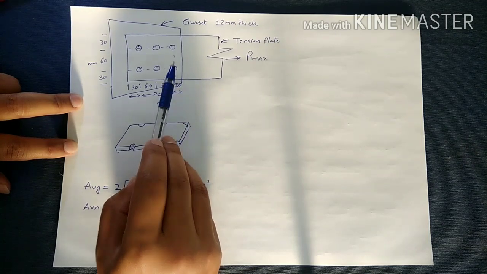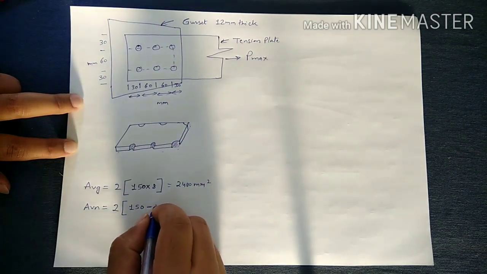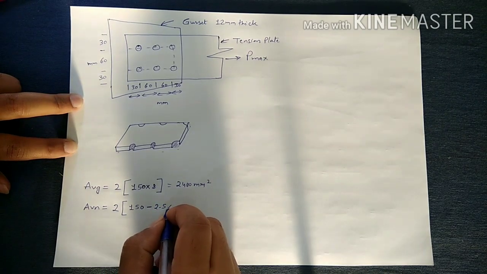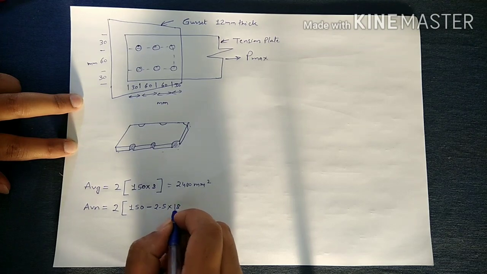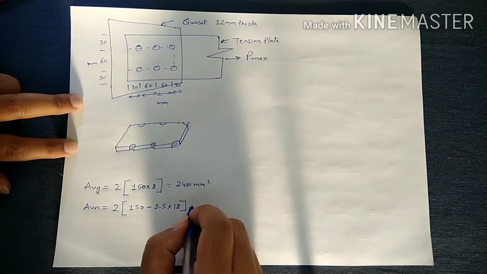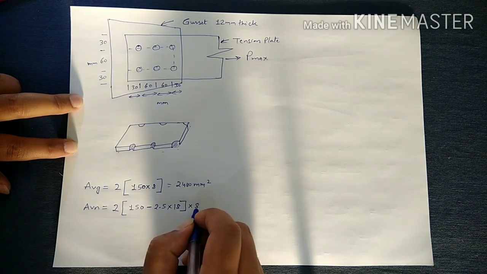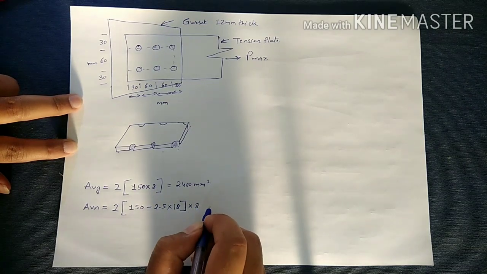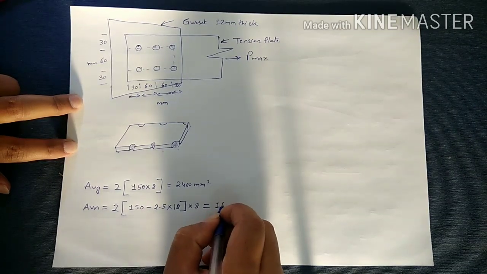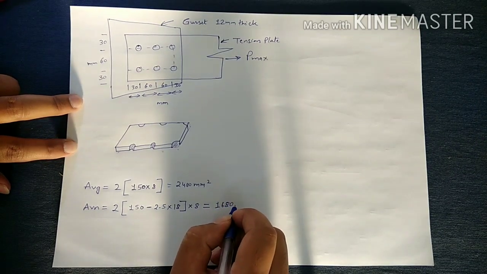That is 2.5, into holes, that is 18, into thickness of plate. On solving this, we get 1680 mm square.